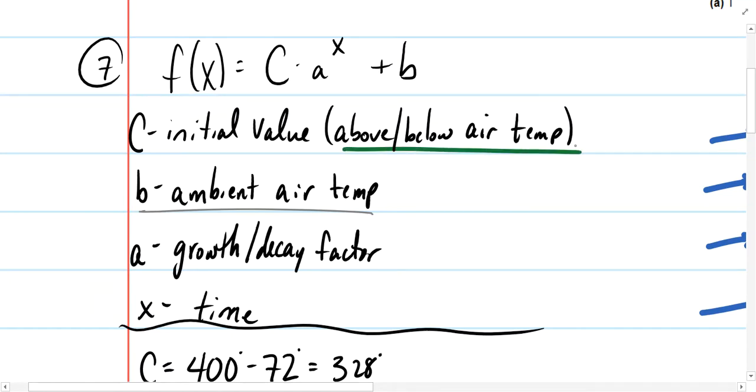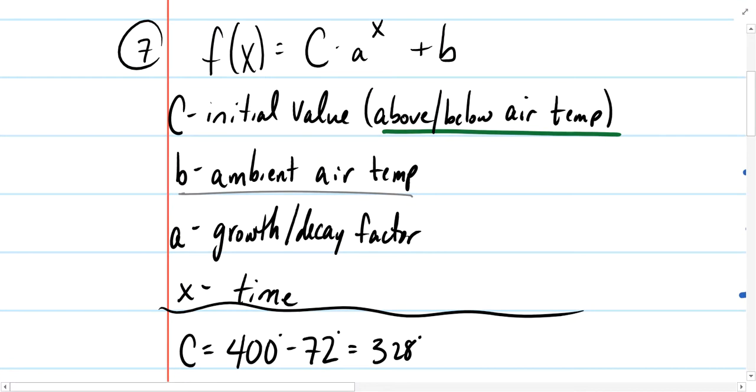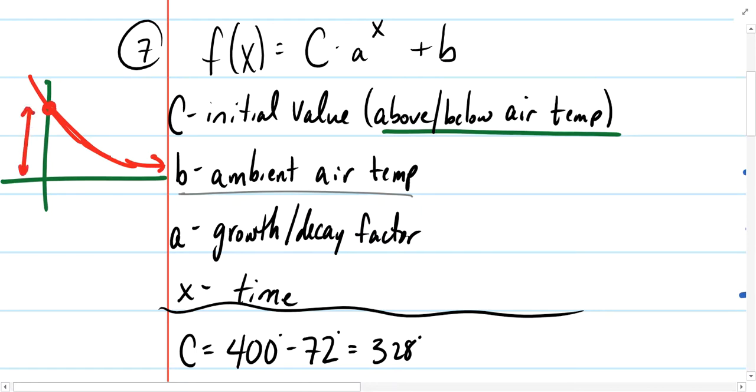This C value, our initial value, is no longer the measurement above the horizontal axis. We got so used to measuring C as simply being the coordinate position right here on the y-axis, because that C value measures the height of this exponential above baseline, I should say.